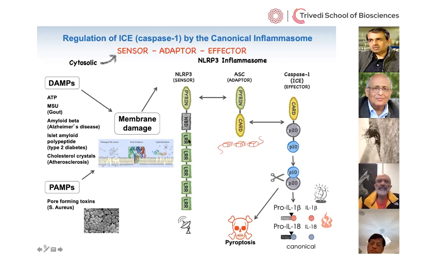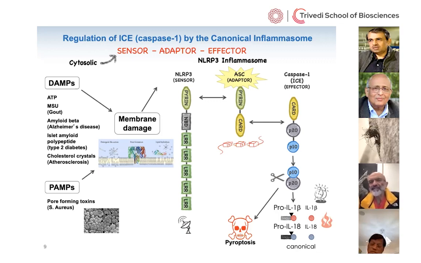Well, what NLRP3 does in mammalian cells is that it recognizes membrane damage. That membrane damage can be from cholesterol crystals or amyloid crystals. It can be from pore-forming toxins. And once it recognizes membrane damage, the exact mechanism is still debatable. But once it does that, this sensor will now couple to an adapter ASC through a homotypic pyrin-pyrin domain interaction.